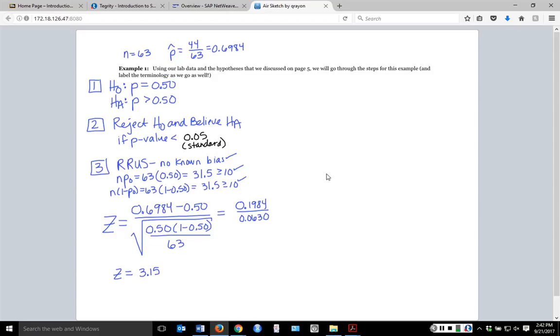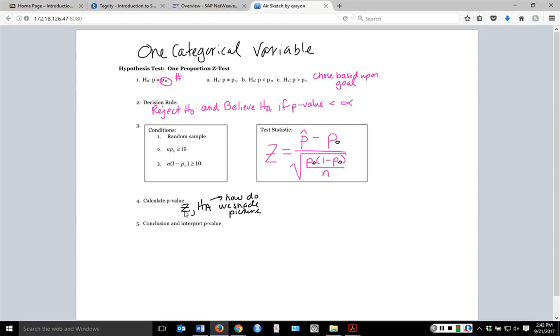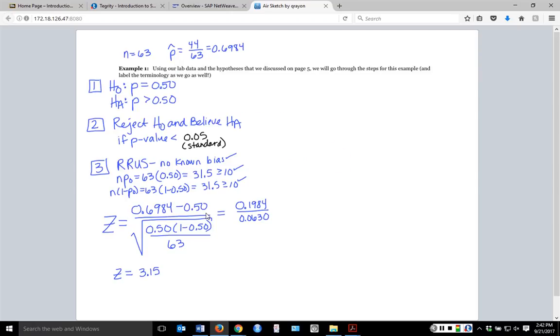Right? Our next step is to calculate our p-value, and the two different things I need for that are z and my alternative hypothesis. Now, as I said, the math inside here isn't any different, so let's think about what this would have looked like in the previous set of notes. In my previous set of notes, I would have drawn my picture. It would have been centered at p. And then I would put on here my increments for my standard deviation.